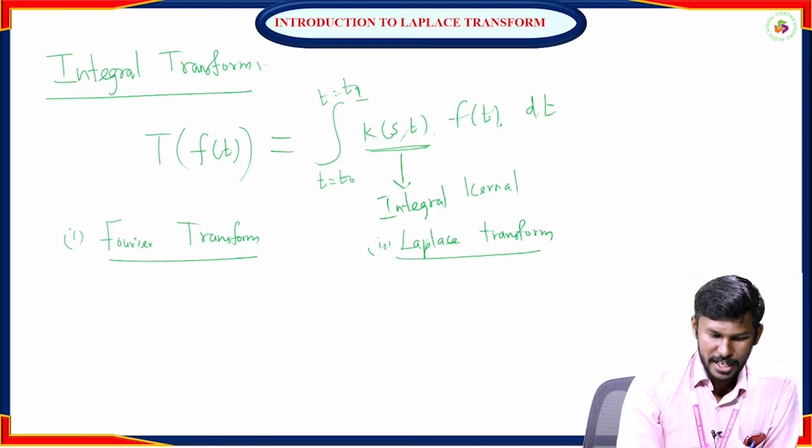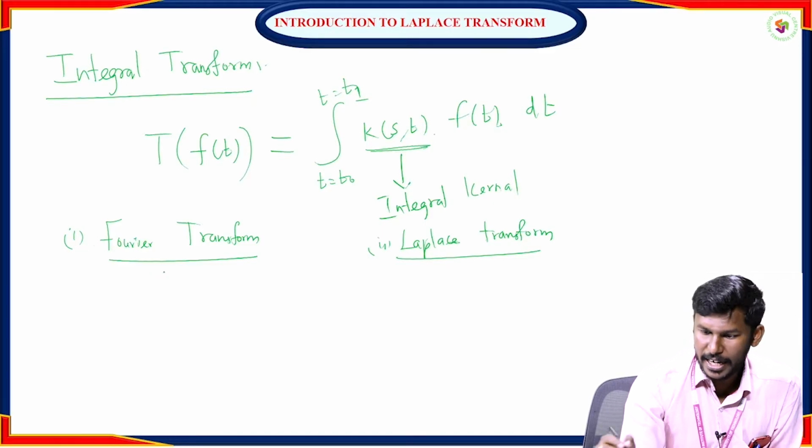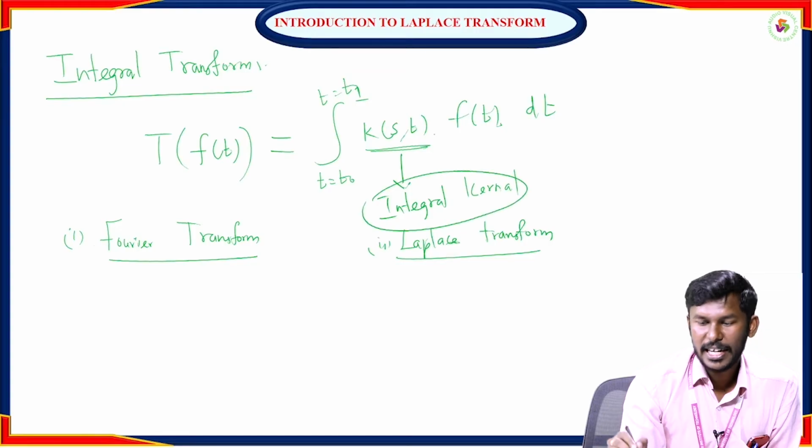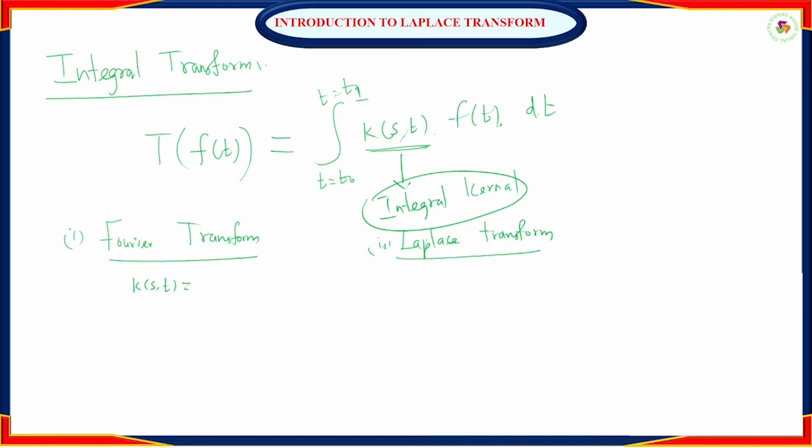What is the Fourier transform? For this case, the integral kernel for the Fourier transform, k of s comma t, is nothing but e power minus ist. And I put the limits t0 and t1: t0 is from minus infinity and t1 is plus infinity.